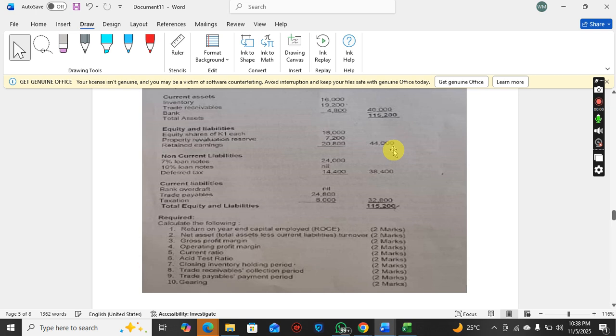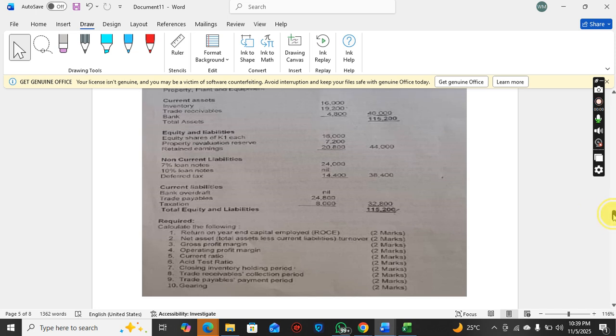Yeah, so I've got all this information here, and they're asking us to calculate the following ratios. Okay, so the first one is the return on year-end capital employed.